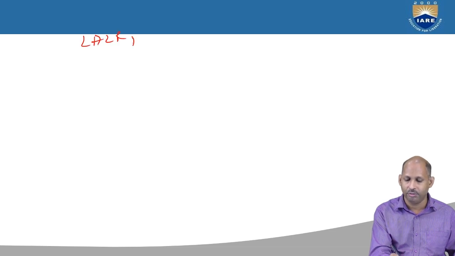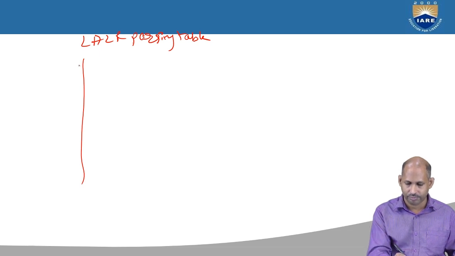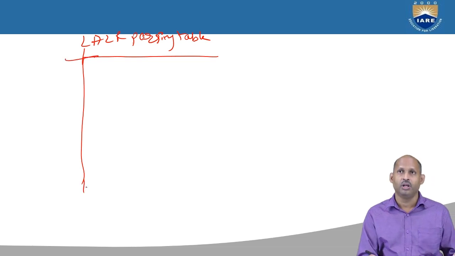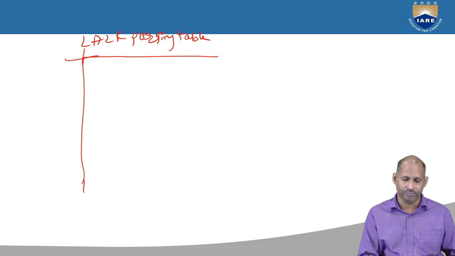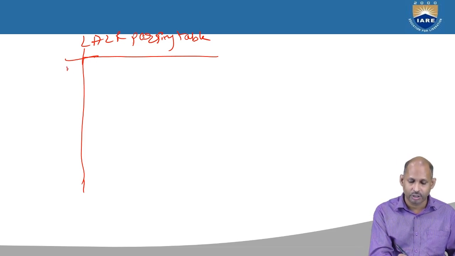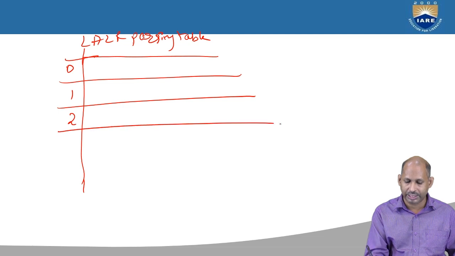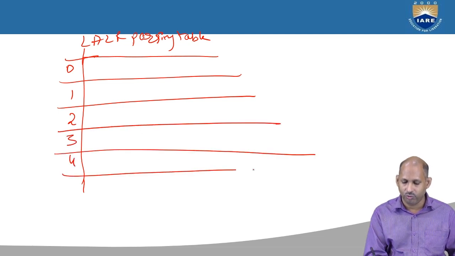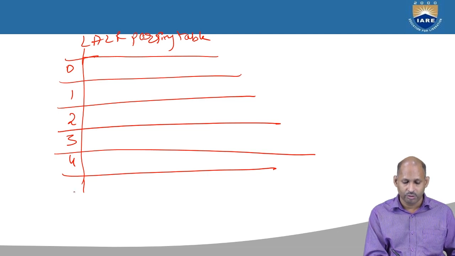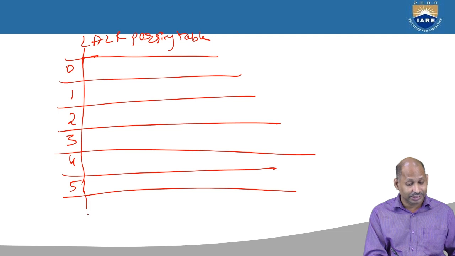LALR parsing table. So what are the states we have now? State 0, 1, 2, 3, 4, 5, 6 is combined with 3, 4 is combined with 7, then 8 is combined with 9.